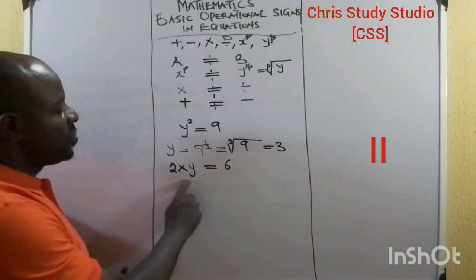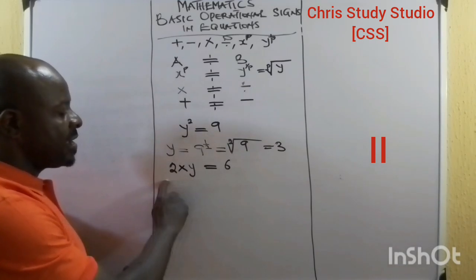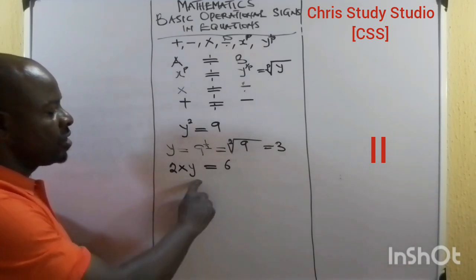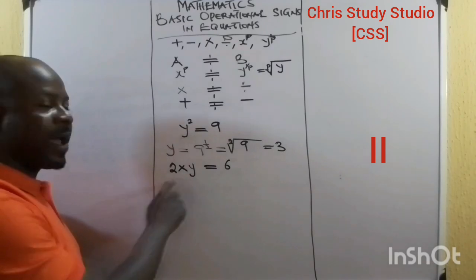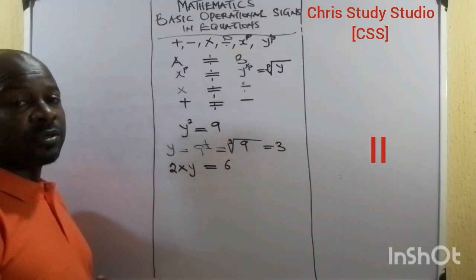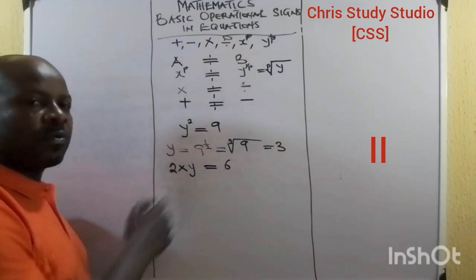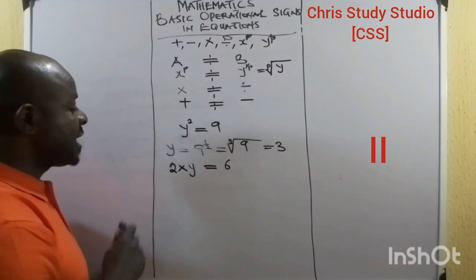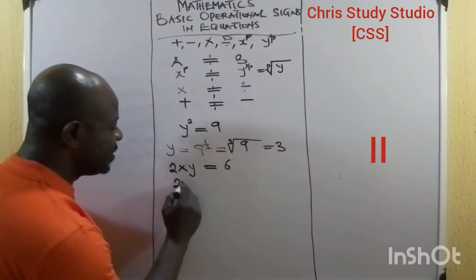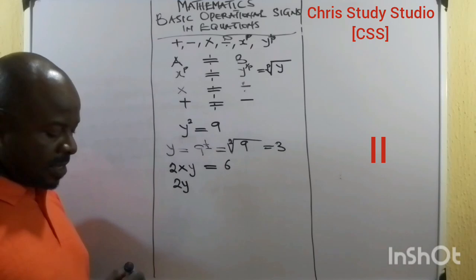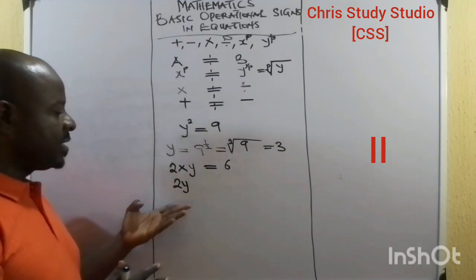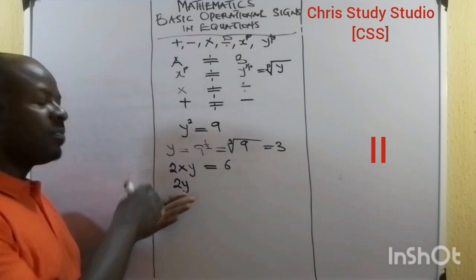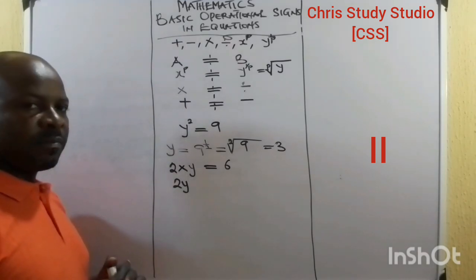The question is, what operation are these two undergoing? The relationship between 2 and y is multiplication. 2 is multiplying y, which oftentimes we may see written as 2y. If a number and a letter are fused together in this manner, there is multiplication between them.